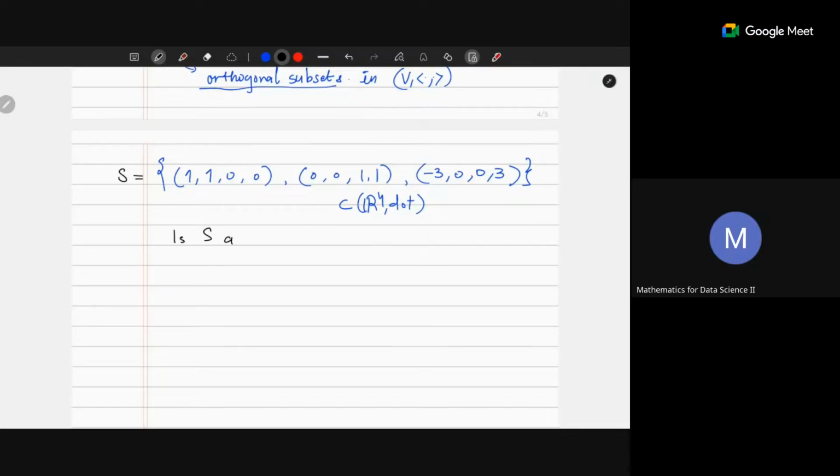Check S. Is the first subset an orthogonal subset?